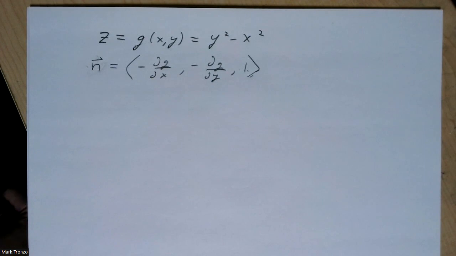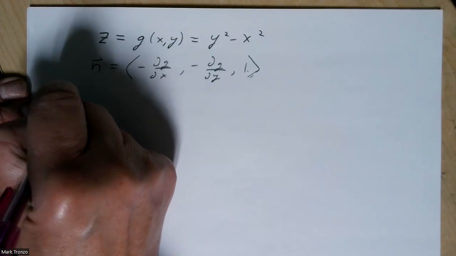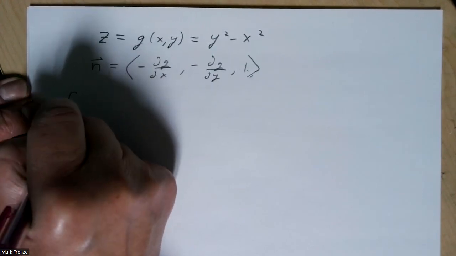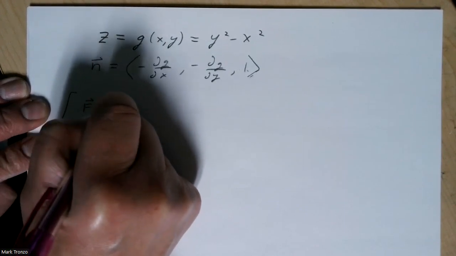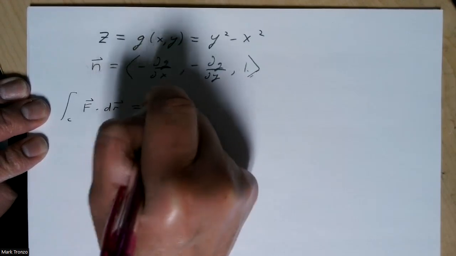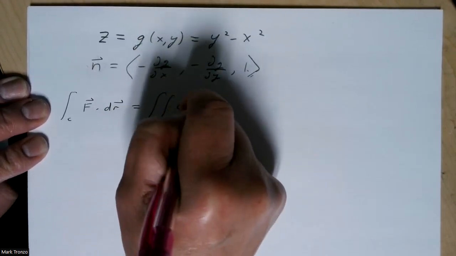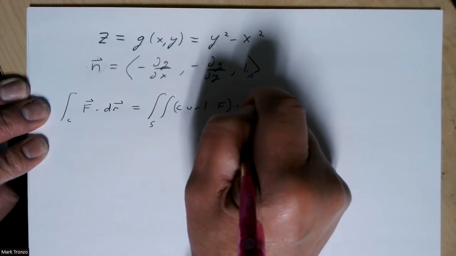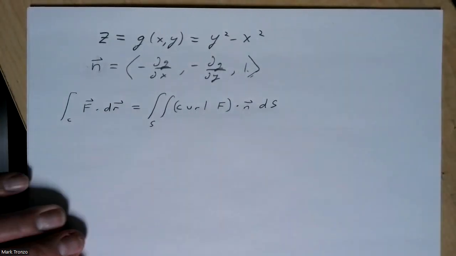And now we just about have everything we need. Let me remind us, write down Stokes' theorem: we were originally asked to do this line integral, and instead we're doing this surface integral, curl of F dot n dS.